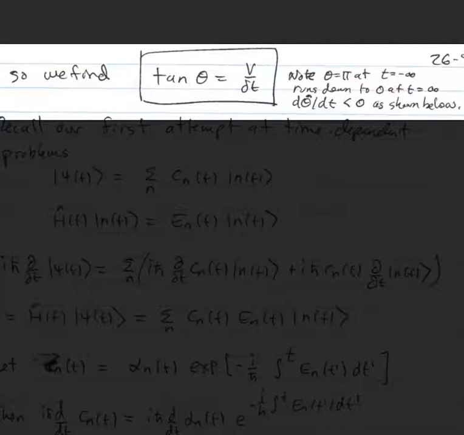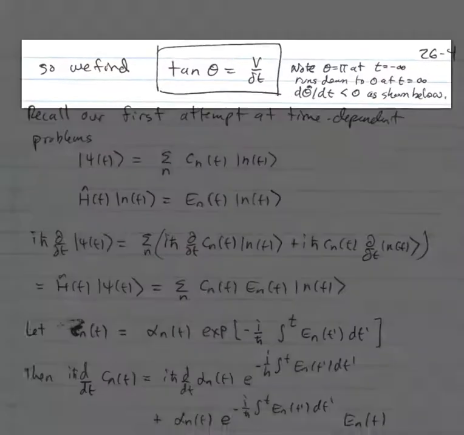And as the time goes all the way to 0, the tangent is going to diverge, going to infinity, and then it's going to go to 0 from the positive side. So theta runs from pi through pi over 2 back down to 0. And so theta actually is a decreasing function of time. And we're going to explicitly calculate the derivative of theta with respect to time below.